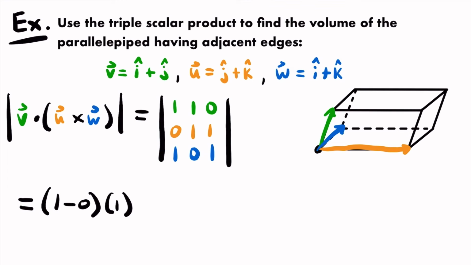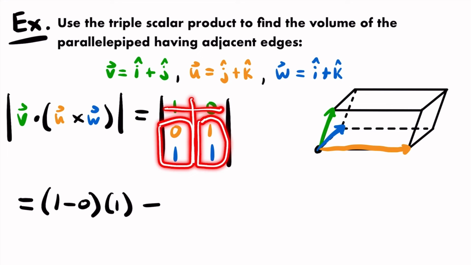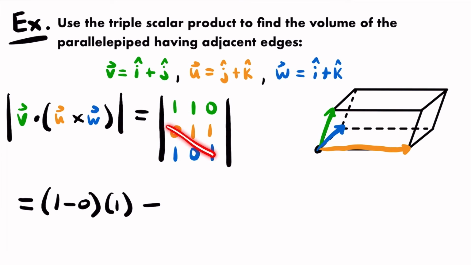Then we will subtract the next term, and for that one we're looking at the second value in this first row. We cross out that row and the column that that 1 is in, and then use the remaining 4 values to calculate another 2 by 2 determinant. So we'll have 0 times 1, which is 0, minus 1 times 1, which is 1. So we have 0 minus 1 times 1. That would be this one right here that we're multiplying by that 2 by 2 determinant.